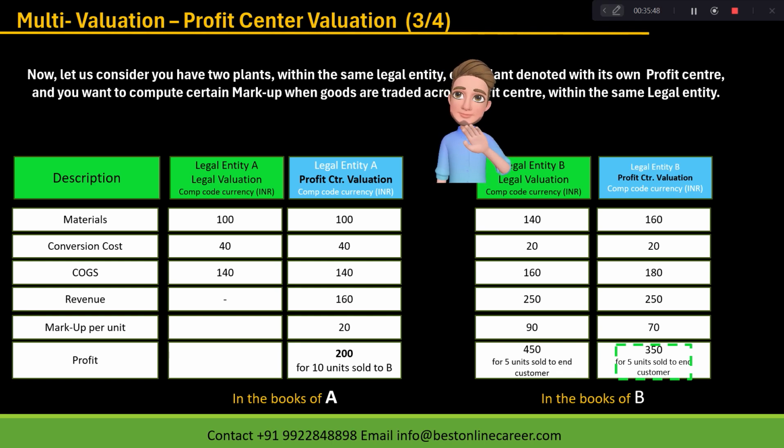Now the converse of it: let us say that you want to promote competitiveness. Let's say I have two different plants, plant A and plant B. Plant A sells some of its semi-finished goods to plant B. But plant A says, my profit margins are affected if I sell to plant B, because I can sell it to the external market also.